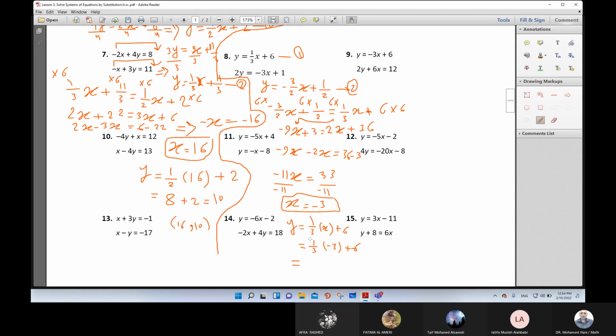So negative 3 times 1 is negative 3, negative 3 divided by 3 will be negative 1, plus 6. So negative 1 plus 6 will be 5. So the value of x is negative 3 and y is 5. This is the common solution.